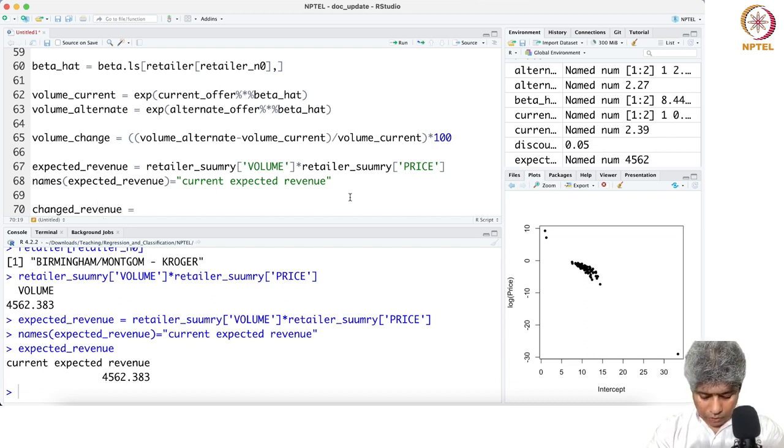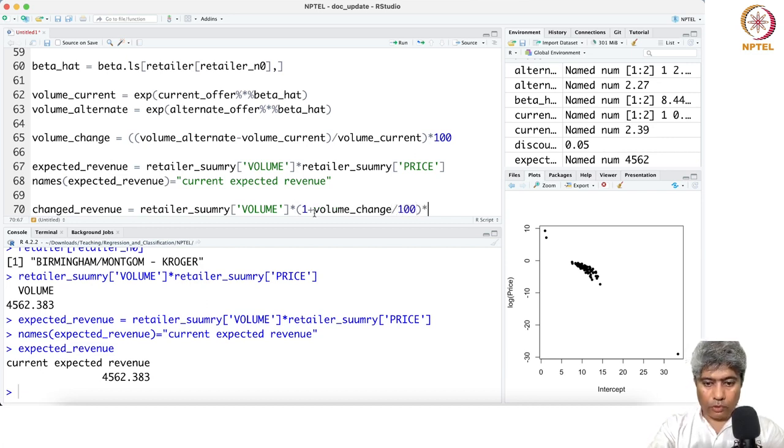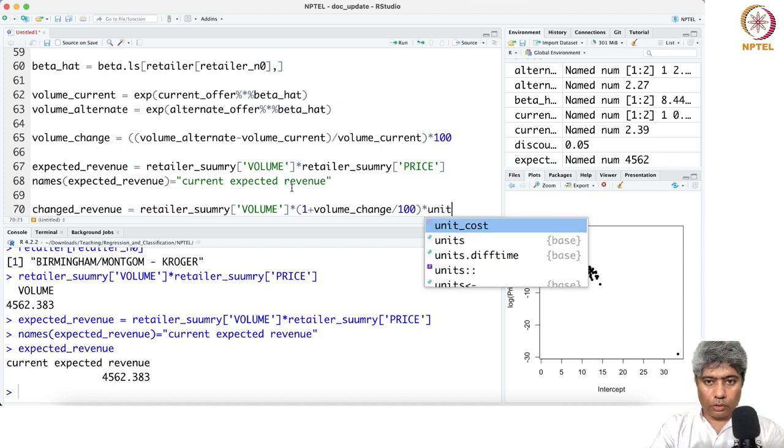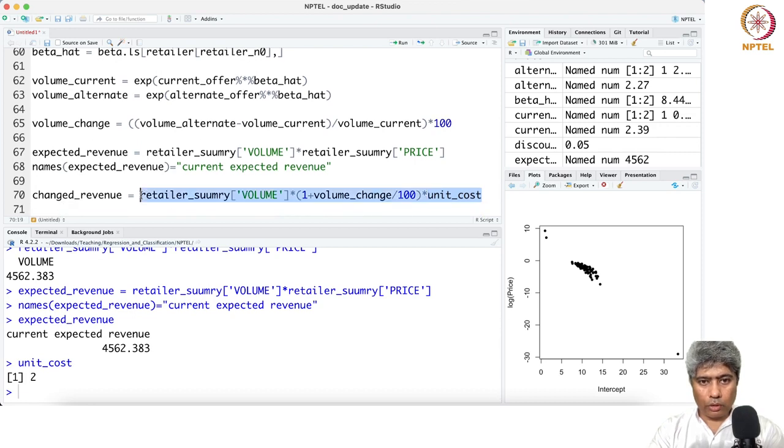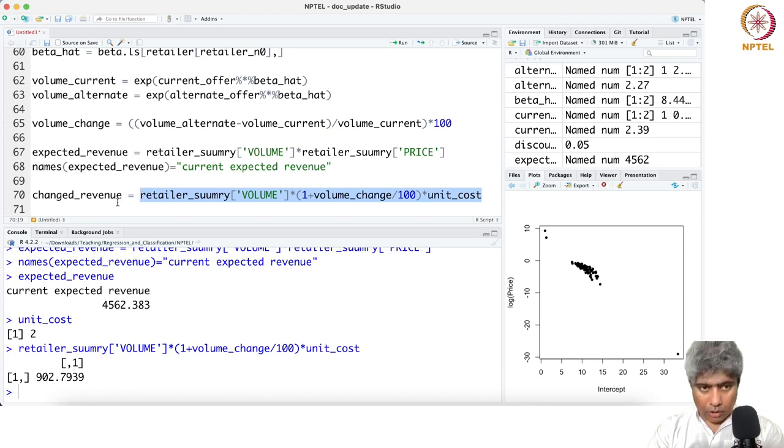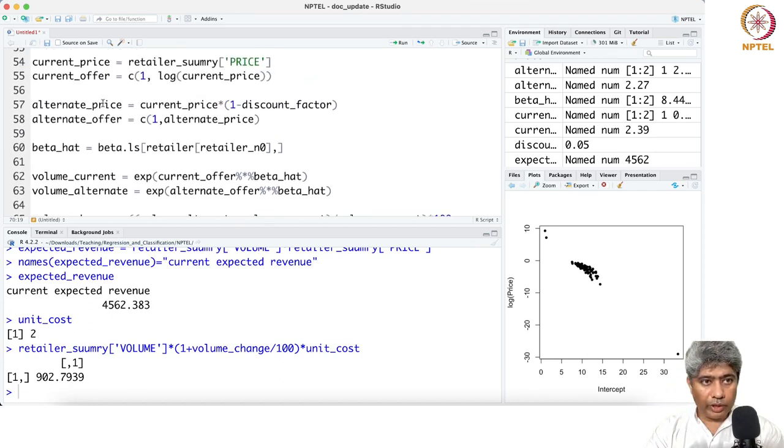The changed revenue will be, first we have to take this times 1 plus whatever the volume change divided by 100, times unit cost, sorry, that will not be unit cost, that will be alternate price.